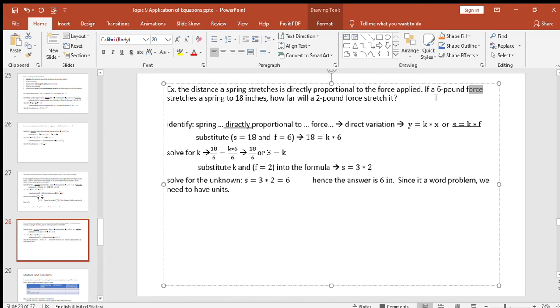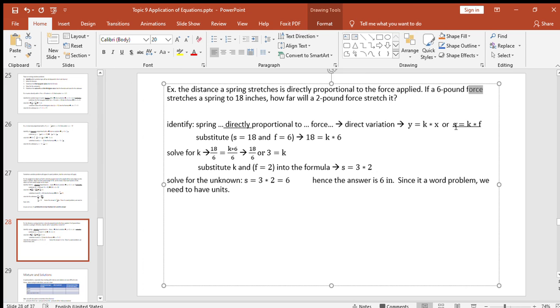But you might say, sir, won't it be F is equal to K times S, because the force comes first and the spring is in the later half of this sentence? Well, I'd argue that you're supposed to look at the first sentence first. In the first sentence, we're talking about spring and then force.